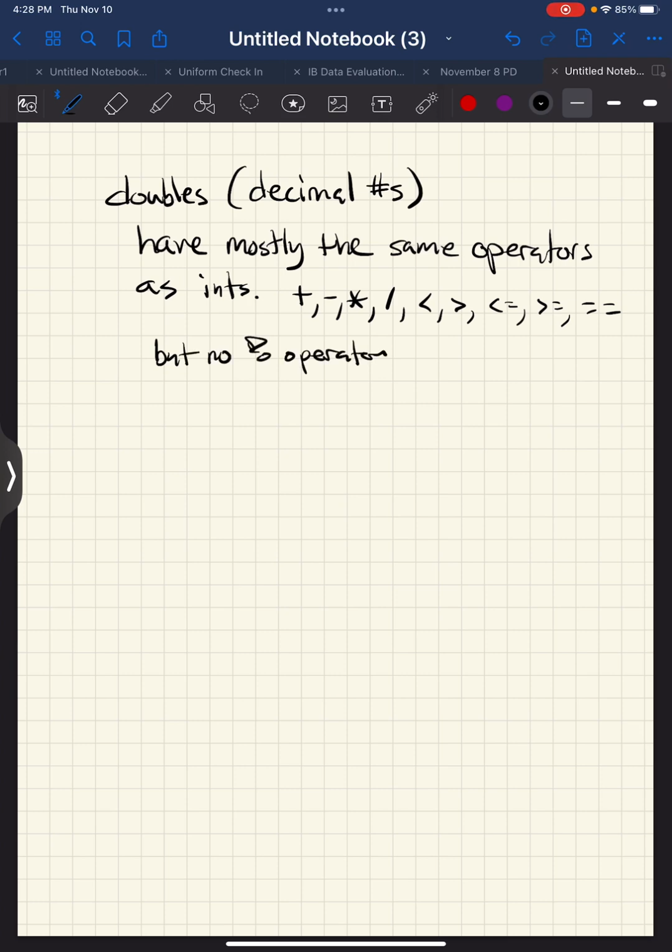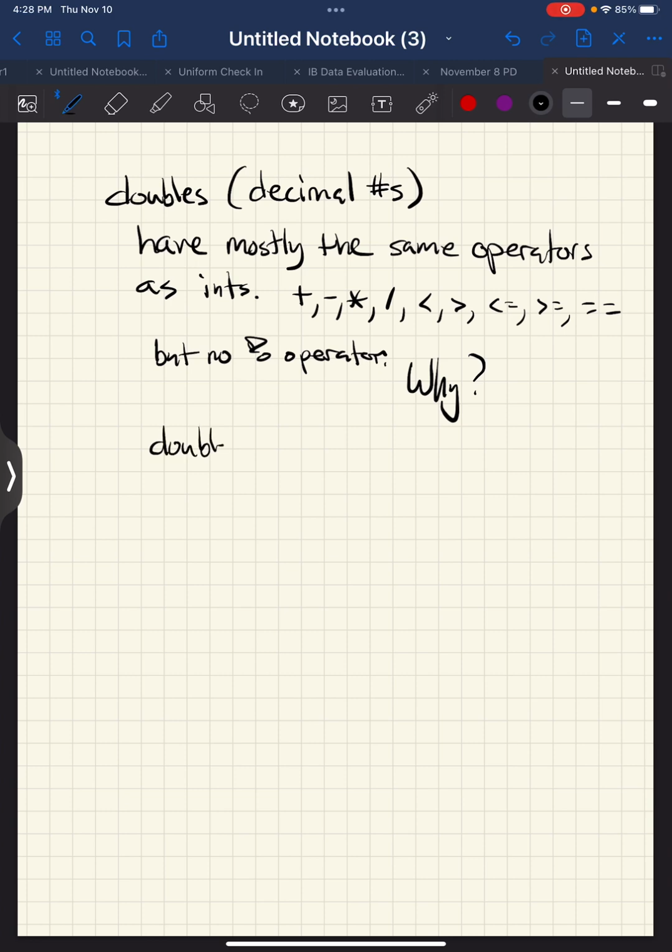But no percent operator. Why? Well, if you think about it a little bit, if we have 13.0 divided by 5.0, or even 13.0 divided by 5, then we're not doing integer math, right? If it's decimal numbers, it's going to be 2.6.